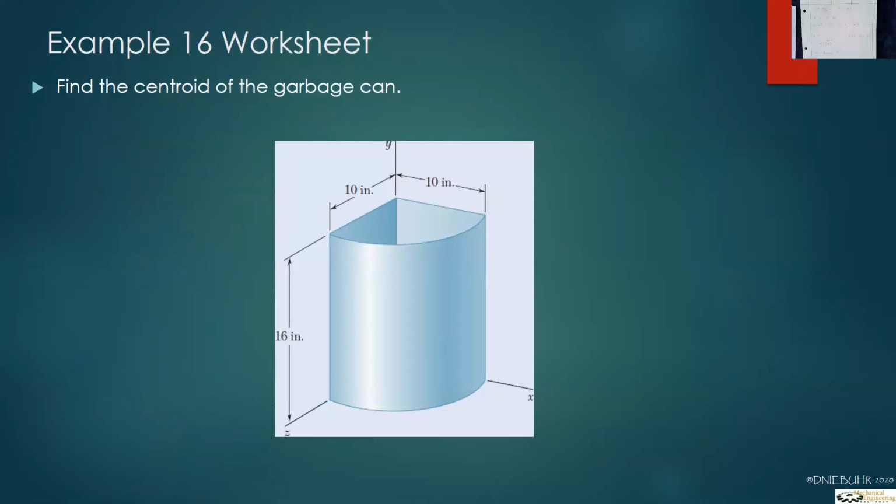So in this case, we have a hemisphere or quarter sphere, and then we have two flat sides, and then we have a solid bottom. And so we have to treat this as 4 different pieces. We have 2 sides, we have the outer arc, and then we have the quarter circle at the bottom. And so let's go ahead and go through this.